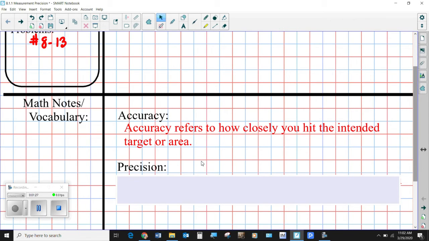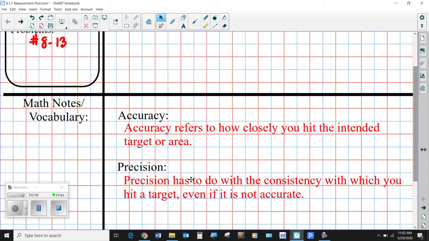I'm going to show you a graphic that is not included in the online book, something that I found that I think is a really good tool for seeing what accuracy actually means. And then precision refers to the consistency with which you hit a target, even if it's not accurate. So if you're dealing with an instrument that has high precision, it's going to hit a specific target a lot.